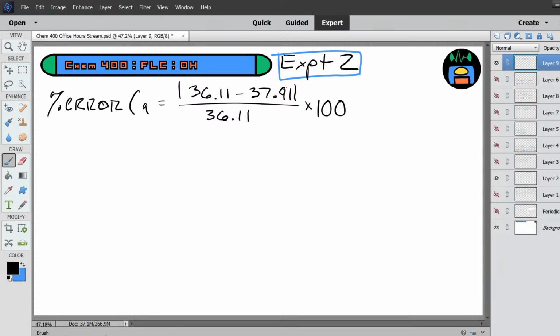So first, 36.11 minus 37.91. When I punch that into my calculator, it tells me the answer is 1.8, but I have to look at my sig figs.